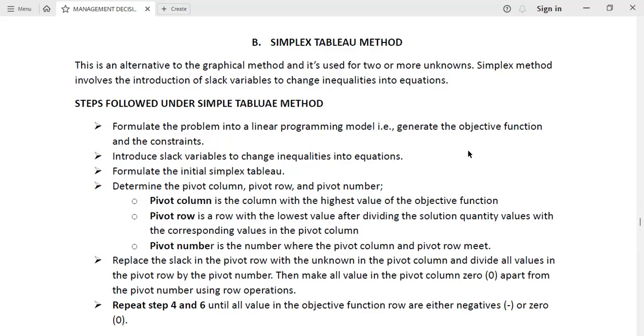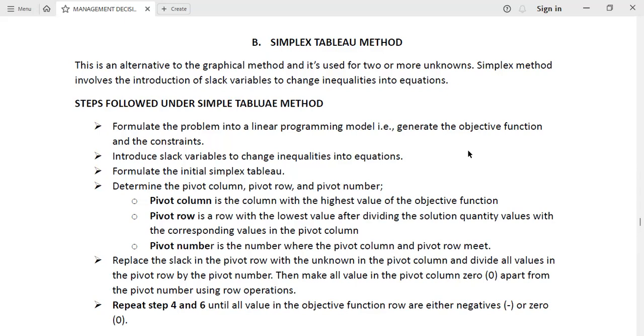But when the examiner brings more than two unknowns, maybe three or four, even if he doesn't specify that you are going to use the simplex method, you just know that you are supposed to use it, because there is no way you can use the graphical method to solve it, since the unknowns are more than two.